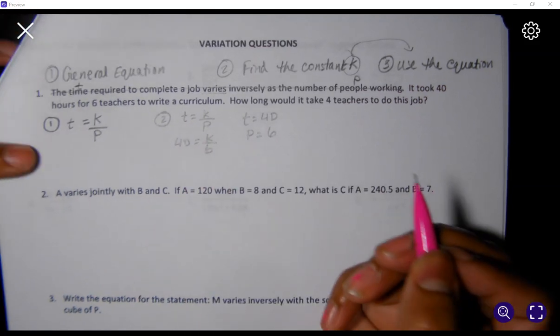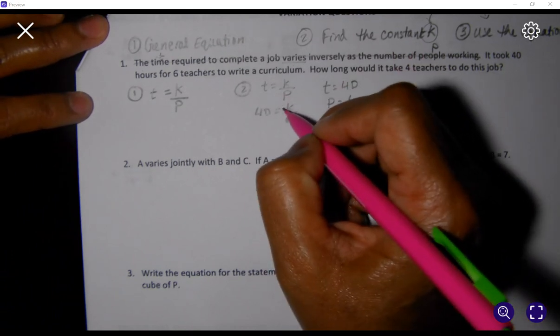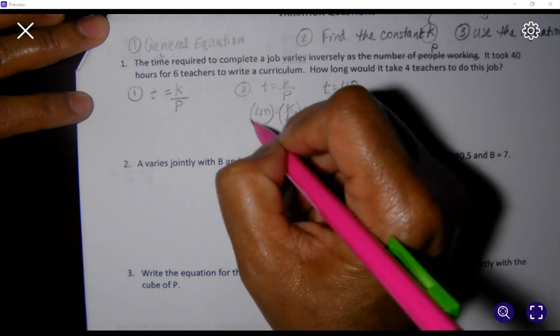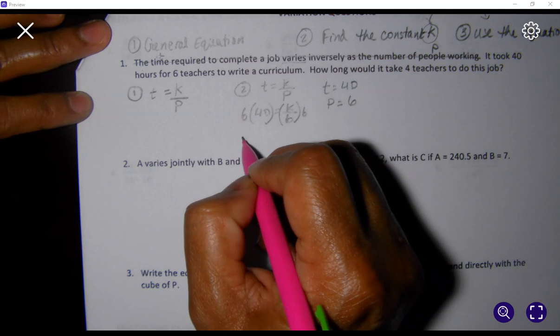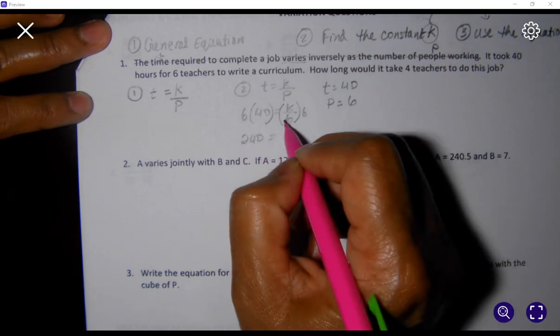Then we're going to solve for K. To solve for K, we multiply both sides by 6. So 6 times 40 is 240 equals K.